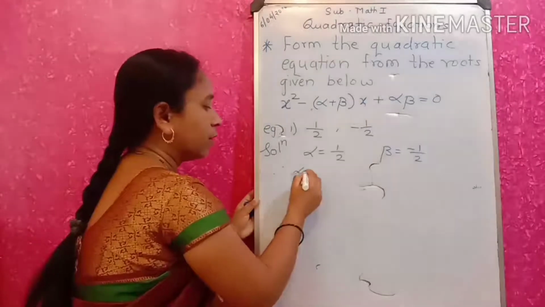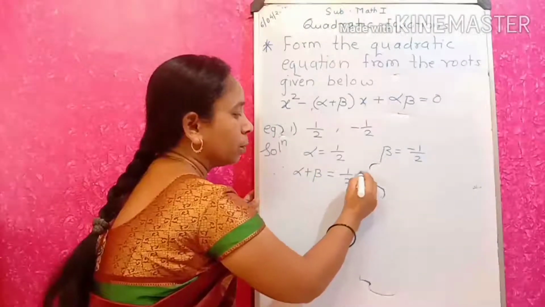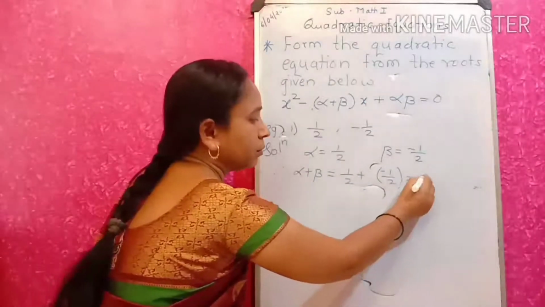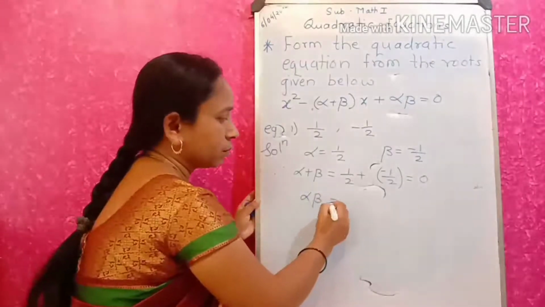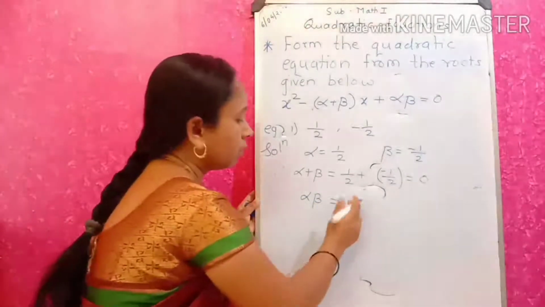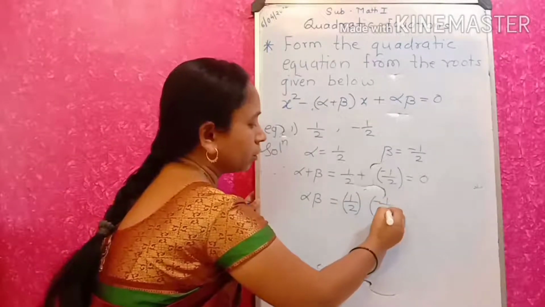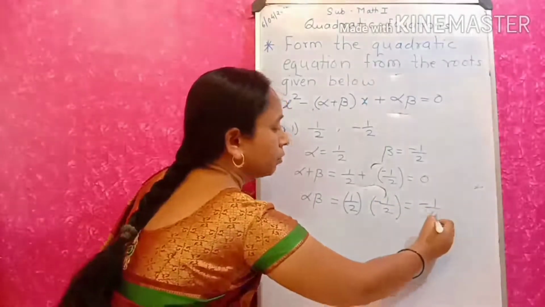Therefore alpha plus beta is equal to, how will you get it? 1 upon 2 plus minus 1 upon 2, it will become 0. Alpha into beta, 1 upon 2 into minus 1 upon 2. What is the product of this? It is minus 1 upon 4.